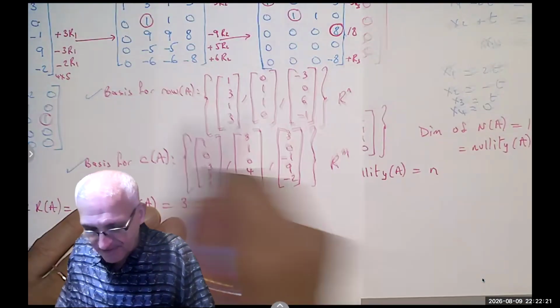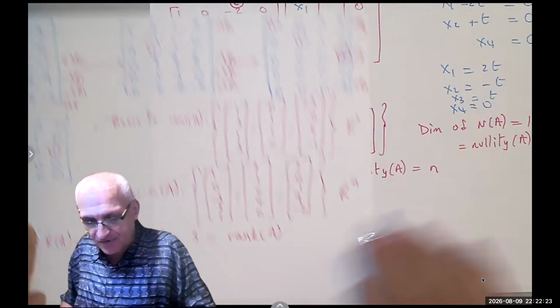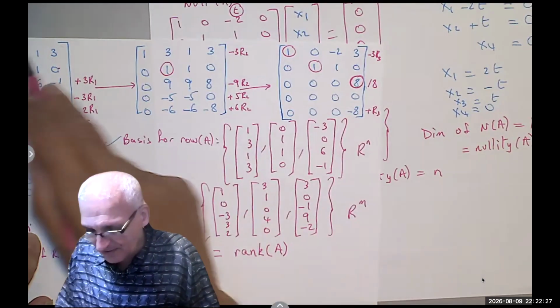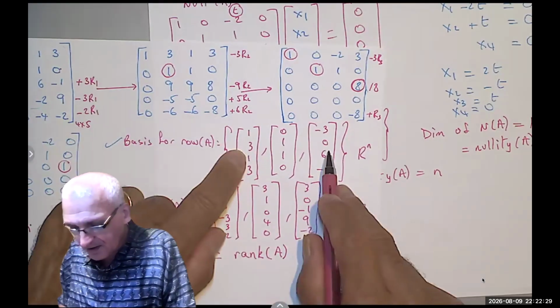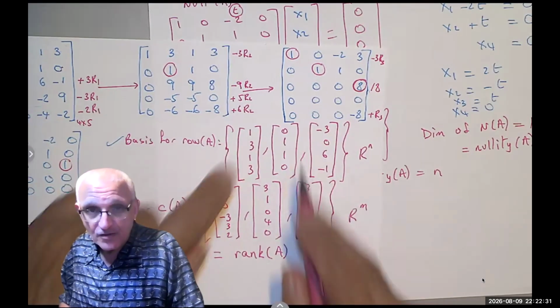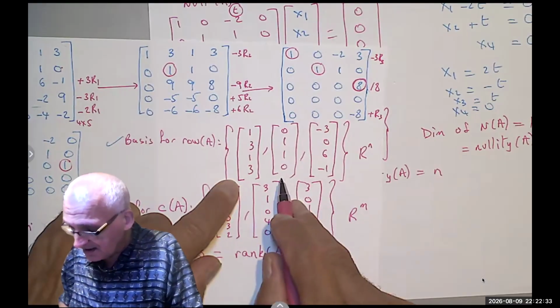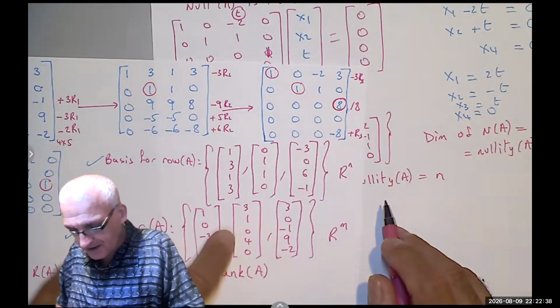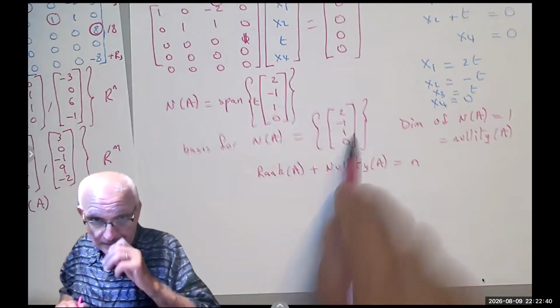We said m times n. So n is the number of columns. I had 4 columns. 3 of them, 1, 2, and 4, were a basis for the row or the column space, meaning that's the rank. So the nullity would be 4 minus 3 equals 1.